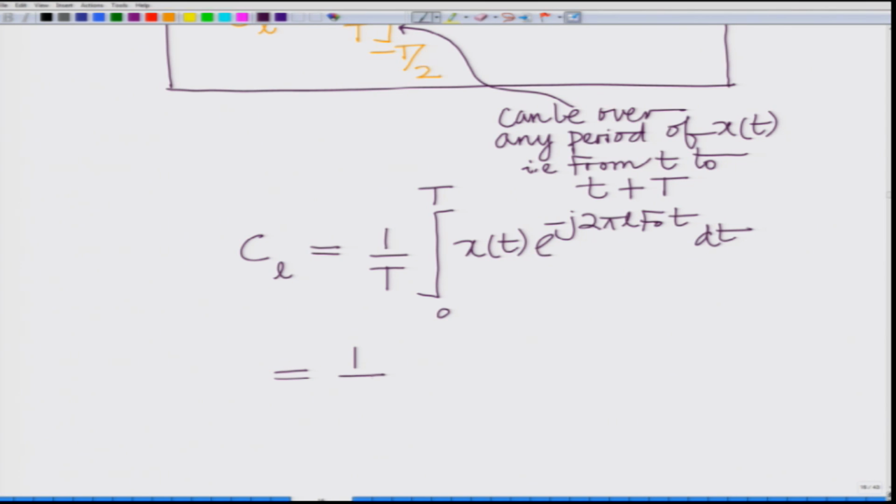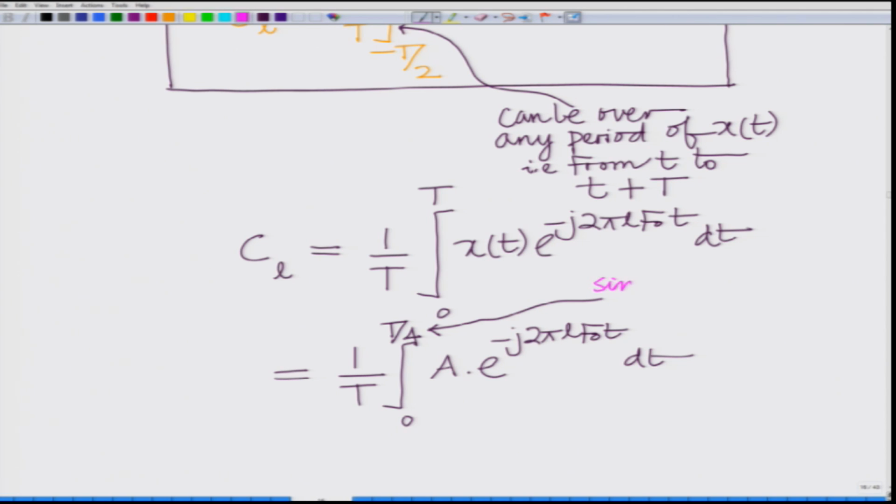So, I can replace this as 1 over T, because it is non-zero only in 0 to T by 4, A times e to the power of minus j 2 pi L f naught t dt, and we are now integrating up to T by 4 since the signal is non-zero only in 0 to T by 4.